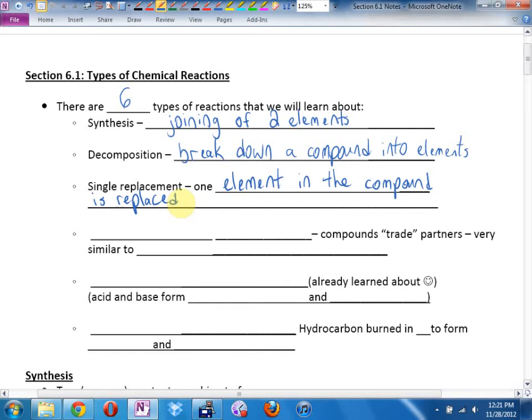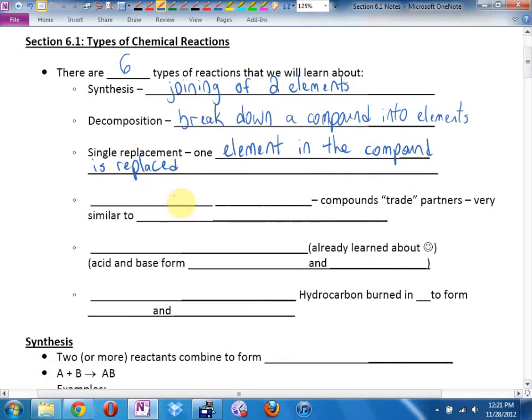For example, if I was doing a single replacement reaction and U4 were the compound, a single replacement would be me saying, I can't stand Amy anymore, bumping Amy out, putting Justice in there, single replacement. Everything else stays the same. And Amy would be by herself.